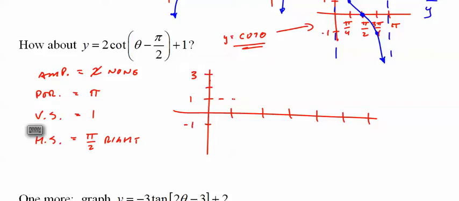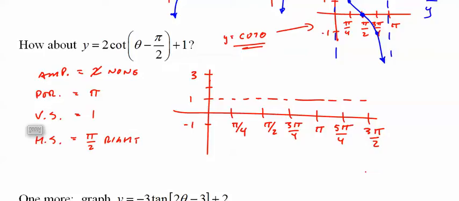I'm not going to put those dots in, but I am going to dot in my center line. Pi over 2, pi over 4, 1 pi, 2 pi, 3 pi over 4, 4 pi, 5 pi over 4, 6 pi over 4. This is really busy work. You really have to be quick with your fractions.